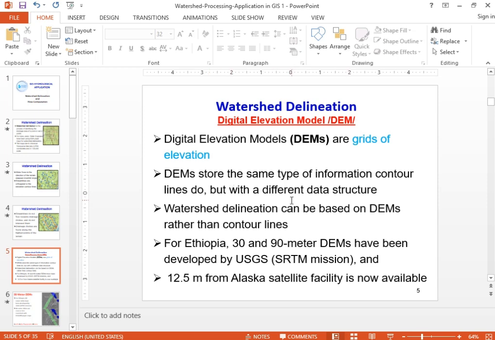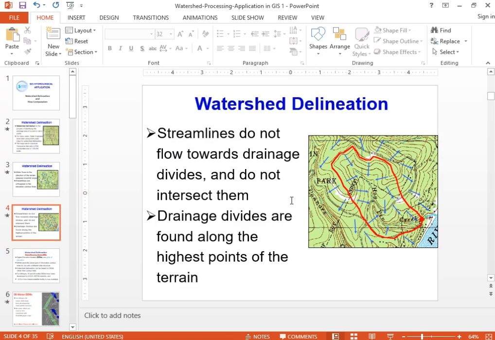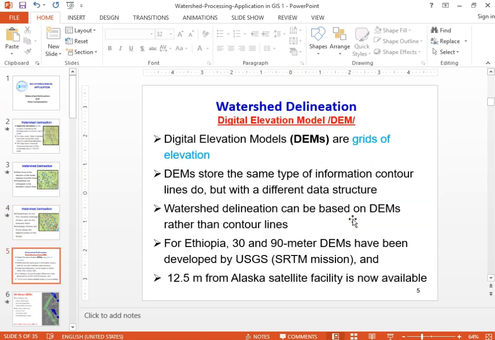So watershed delineation can be based on the DEM rather than the contour lines.